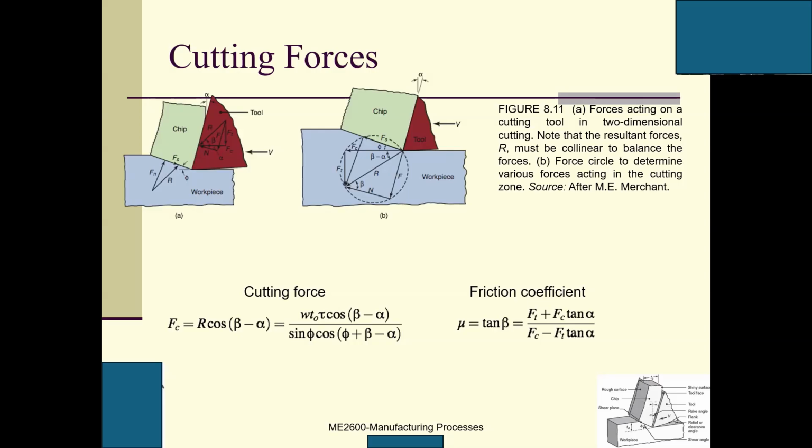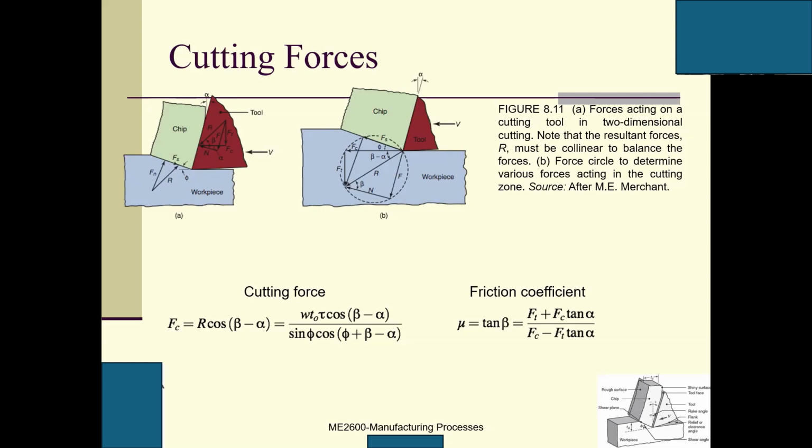So here, this is our resultant force. Because Fn and Fs are orthogonal, look at this red triangle, and this R, the resultant force. We want to decompose this R in another two directions: one horizontal, one vertical.